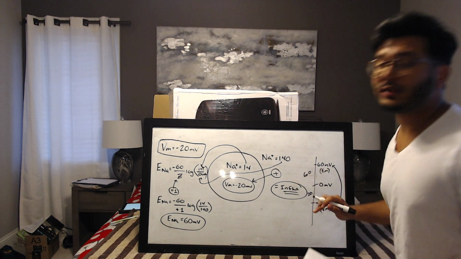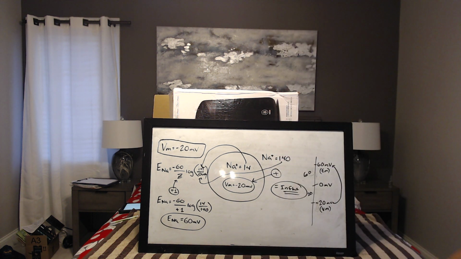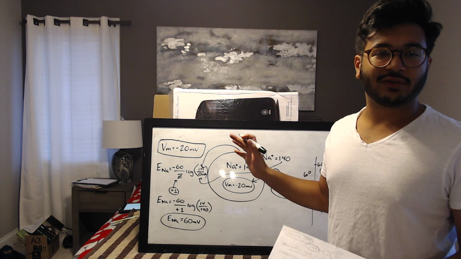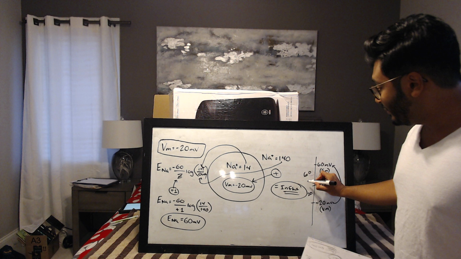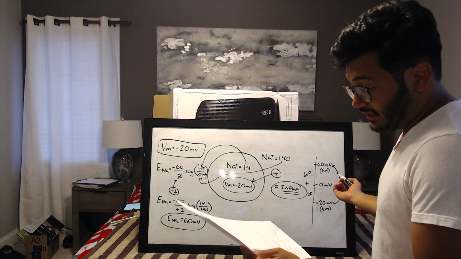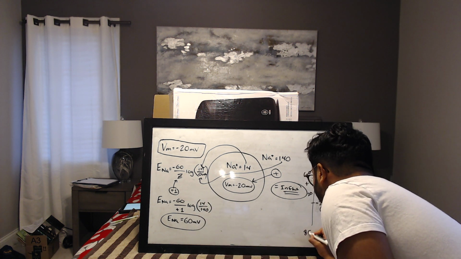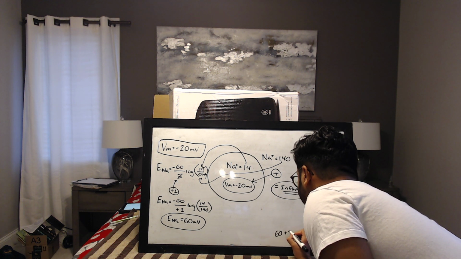Totally ignore all of the little negative and positive value differentiation. There's no difference. Basically, you're just looking at that. You take 60 plus 20, and it's going to give you 80. So what you're going to get is 80 millivolts as your answer because you took 60 plus 20.